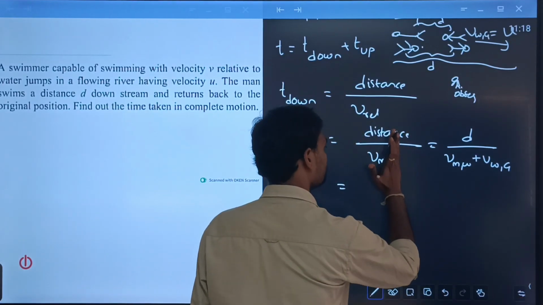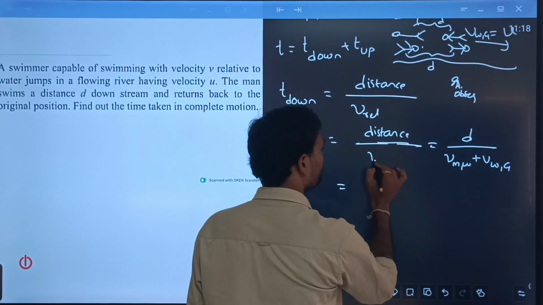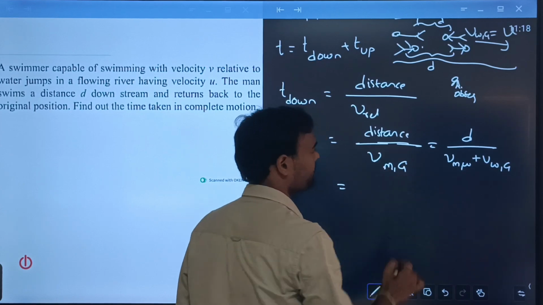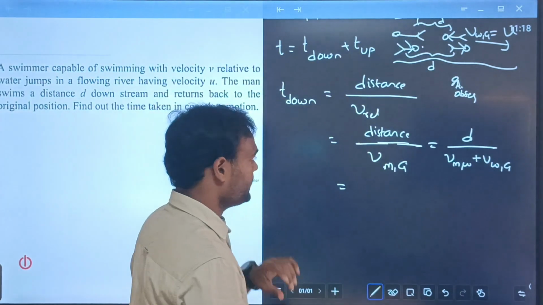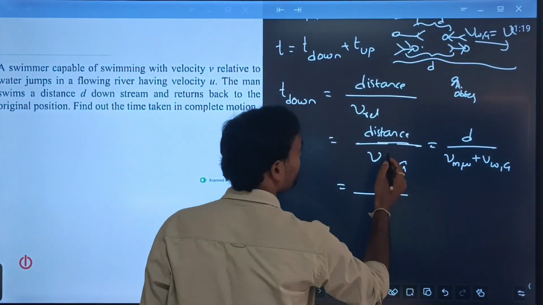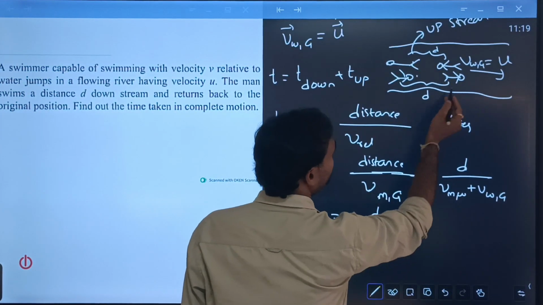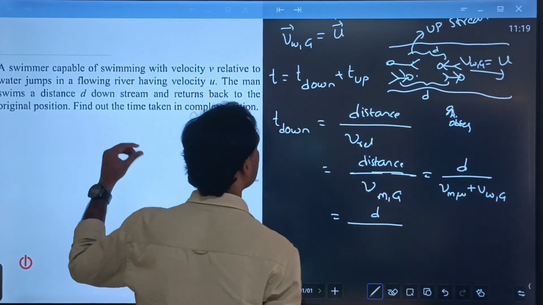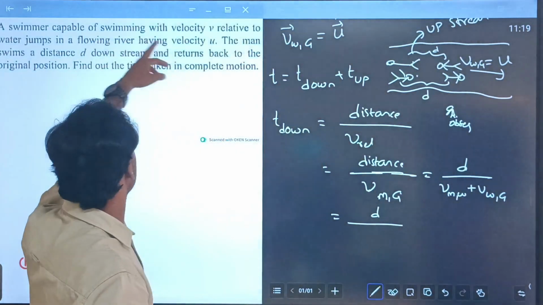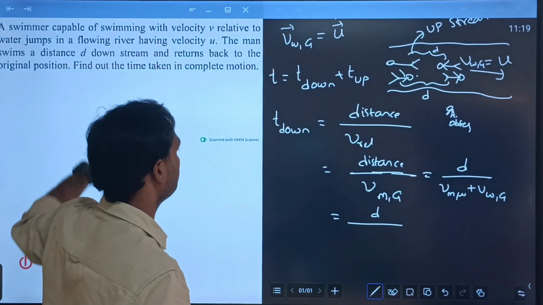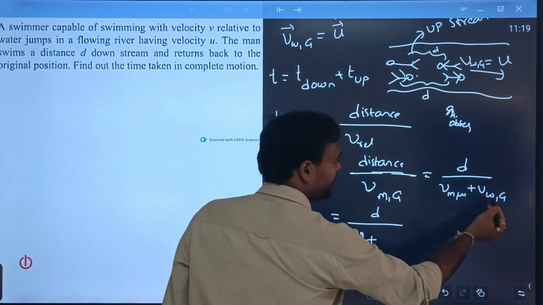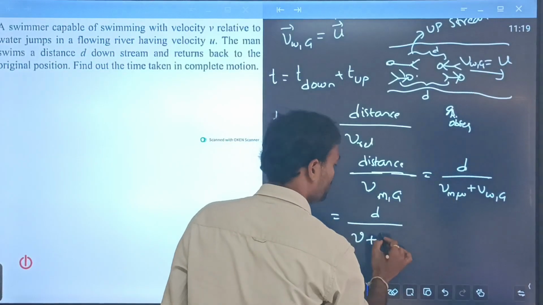Right? Here we represent velocity of man with respect to ground. Clear? Right. Now, d by velocity of man with respect to water, which is given in the question as v. So, velocity of man with respect to water is v, and velocity of water with respect to ground is u.